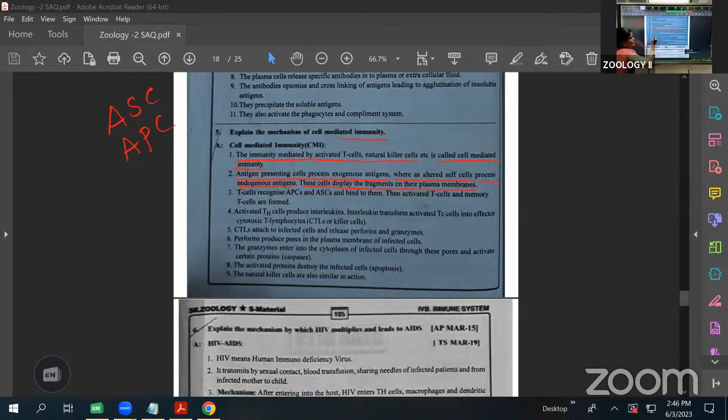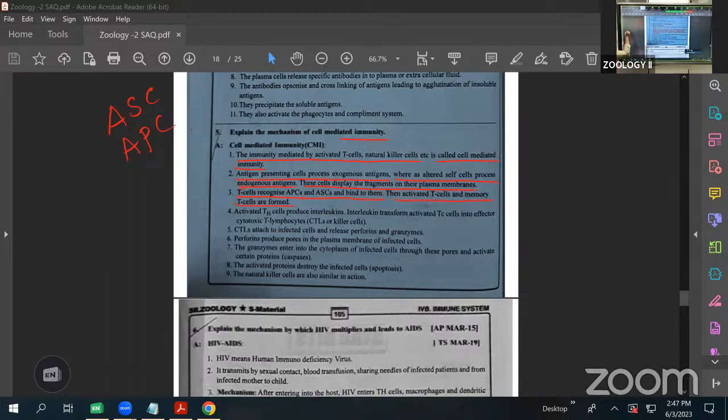See here, T cells recognize which ones? They can recognize antigen presenting cells as well as self-altered cells, and bind to them. Where they are present, the T cells bind to them. Then the activated T cells and the memory T cells are formed.